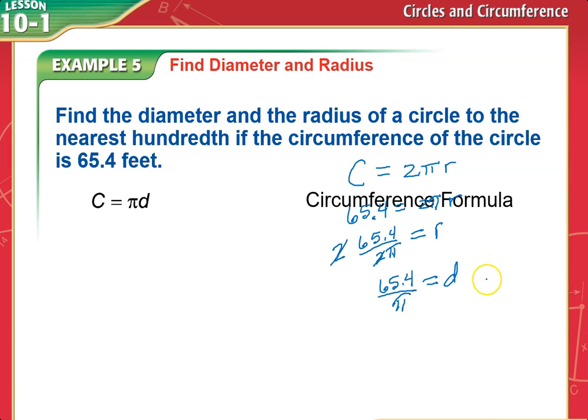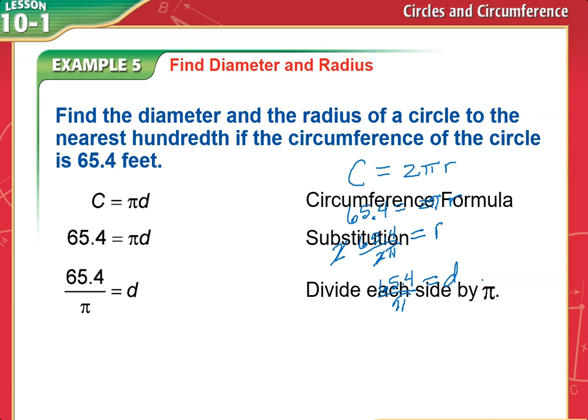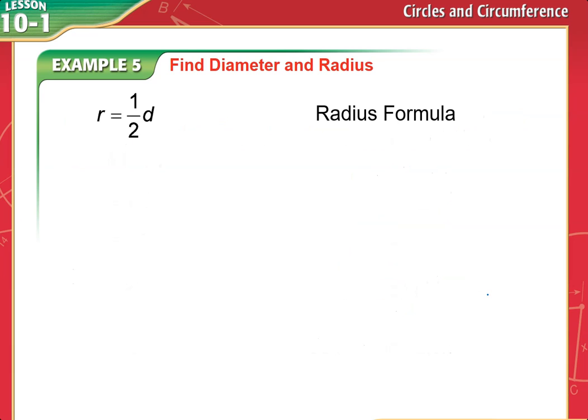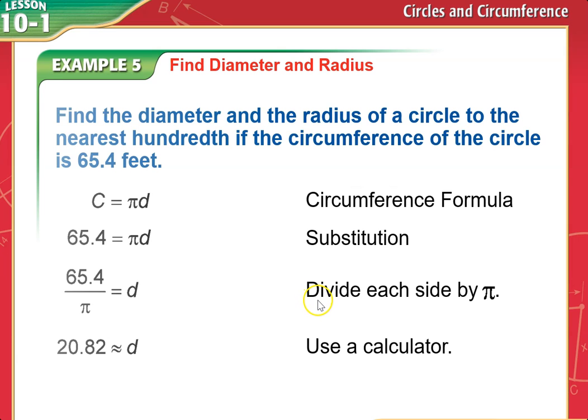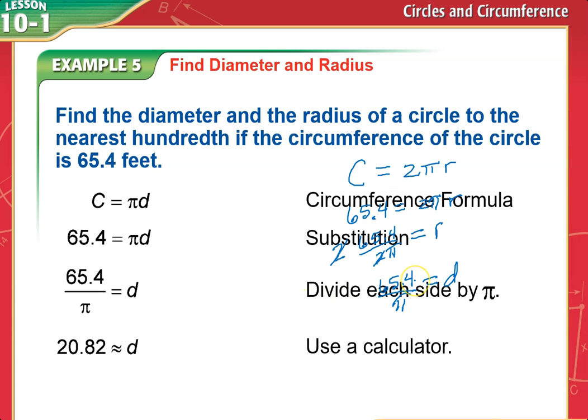So there we go. Circumference equals pi d, 65.4 equals pi d, divided each side by pi. So they solved for the diameter first, and then take half of it to find the radius. That was my bad.